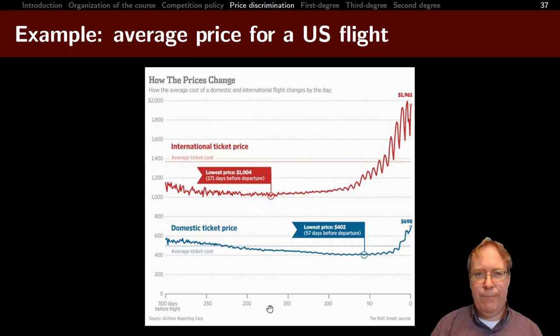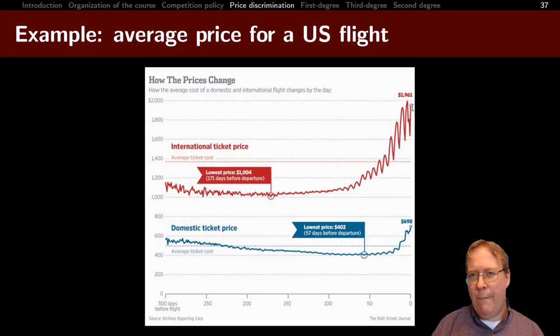What you see in both cases is that if you buy your ticket well in advance, then you pay a relatively high price, because probably the airline company figures, well, if you are so risk averse or desperate to already get your ticket well in advance, then you likely are also willing to pay a bit extra. Then the price lowers as the time of flight is getting closer, but starting roughly 2 months in advance, prices start to go up and up.